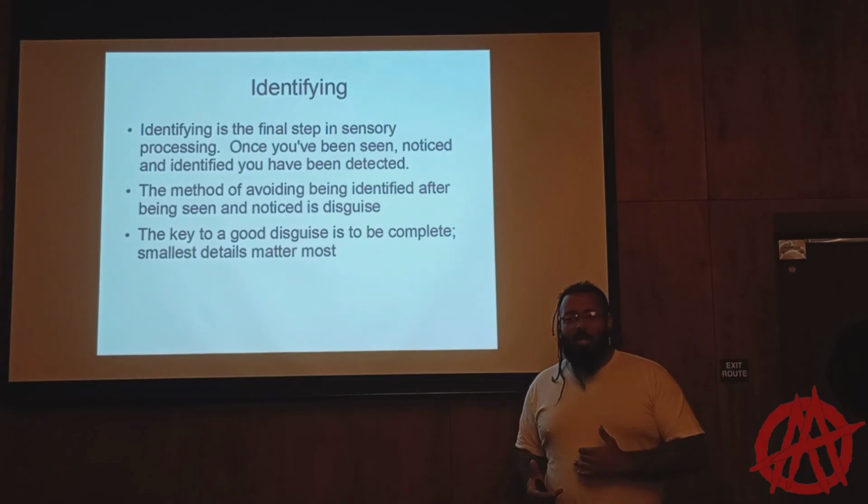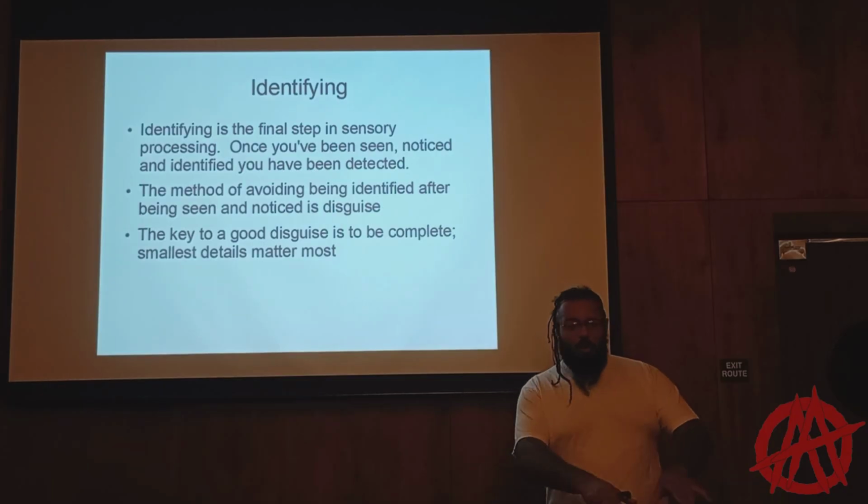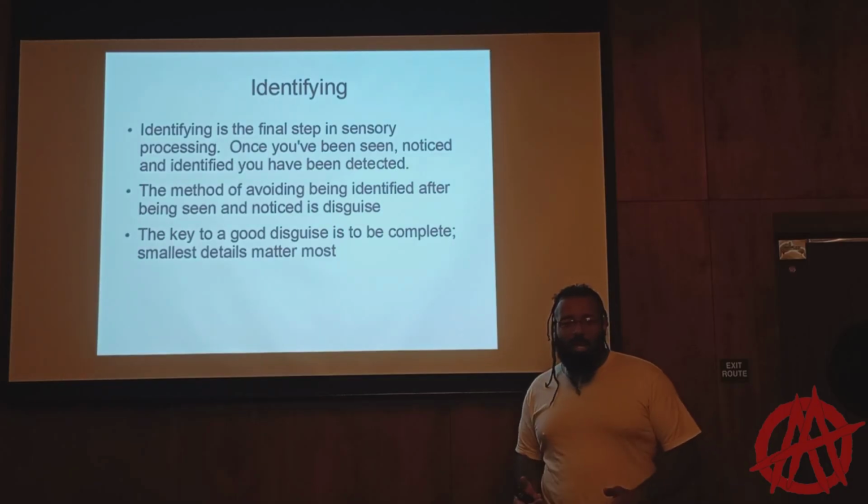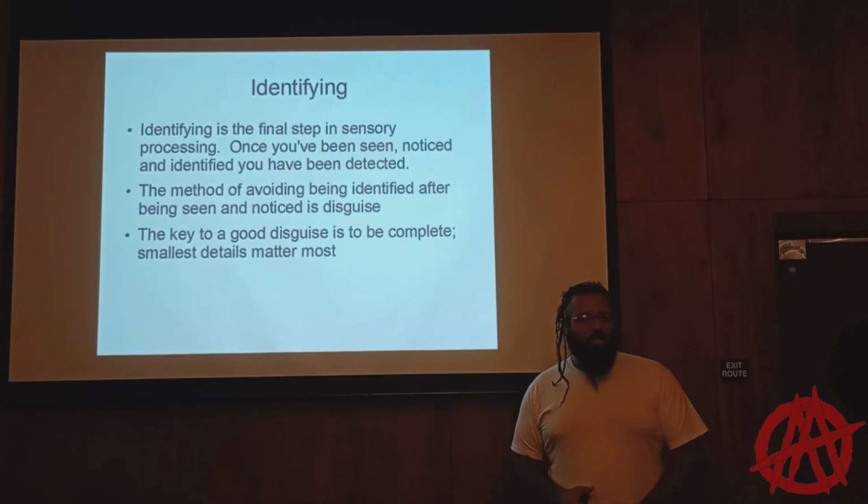But it's going to be the small details that get me caught up. Like if I know Farsi generally, but I don't know specific memes and trends from that region, you know what I mean? That's what's going to get me caught up. I look the right way, but when I'm talking, my mannerisms aren't right, the way I say something isn't right, the way I shake a hand or wave is just not right.